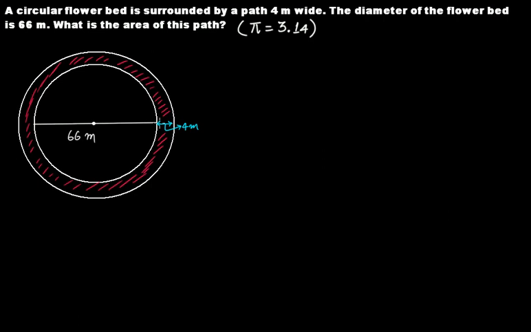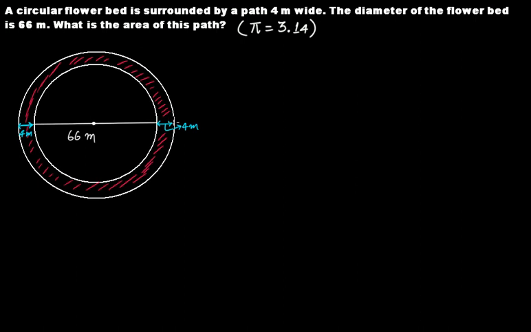We know that the width of this path will be the same everywhere, right? If this is 4 meter, similarly this will also be 4 meter, and this one will also be 4 meter. So 4 meter plus 66 meter plus 4 meter will be the diameter of the larger circle.